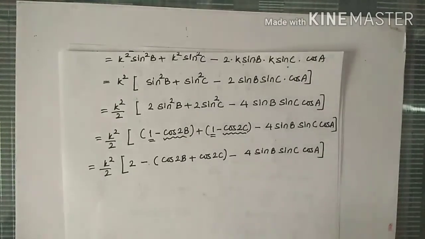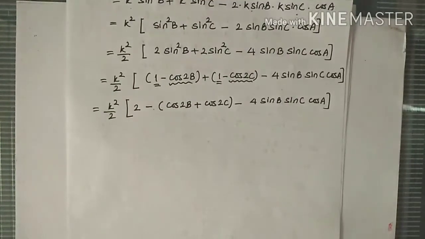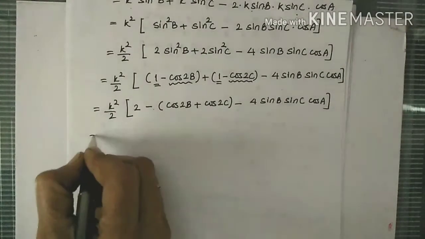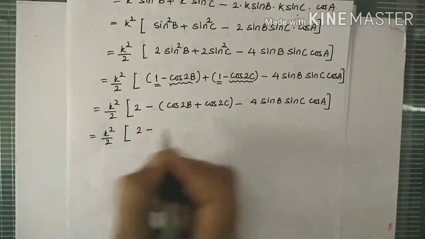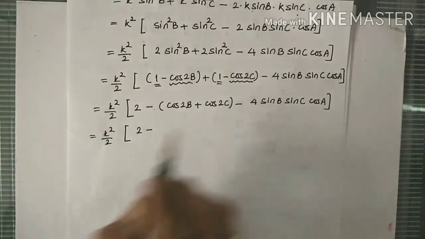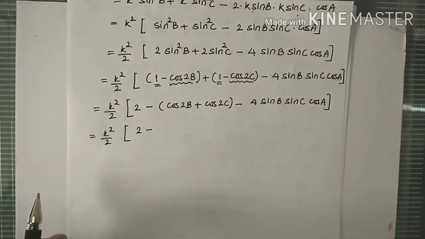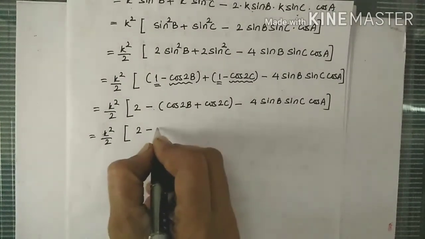Now let's use the factorization formula for cos 2B plus cos 2C. So that is K square upon 2 minus. Now this is in the form cos C plus cos D. Cos C plus cos D is 2 cos of (C plus D) by 2, cos of (C minus D) by 2.